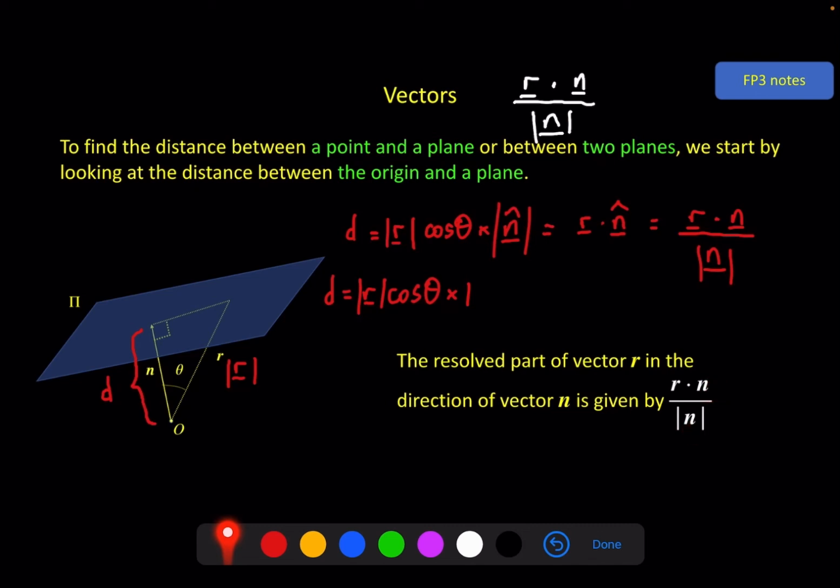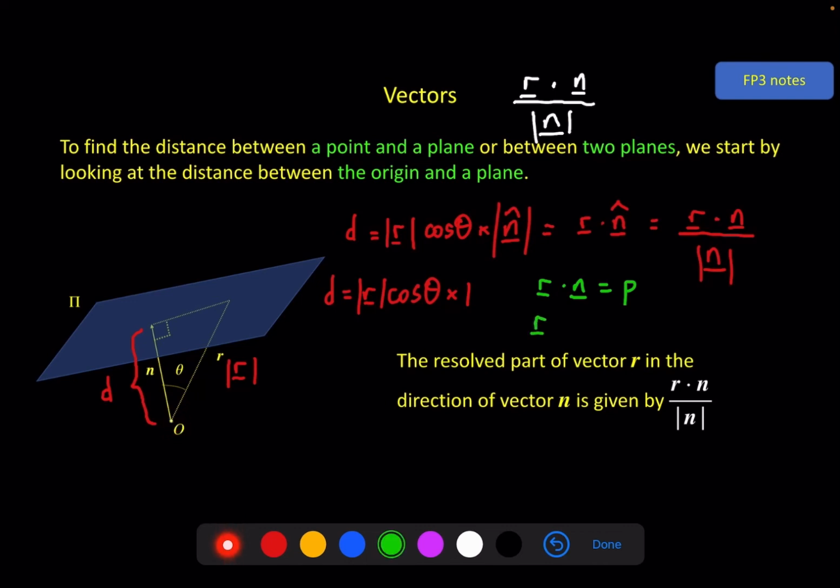Now, why is that particularly helpful? That is helpful because for a plane, we usually have this, or something like it, that we can find. And to change r.n into r.n hat, like I said, you just divide by the magnitude of n, and if you do that, that happens to equal the perpendicular distance from the origin, which was the thing we started off wanting to find.